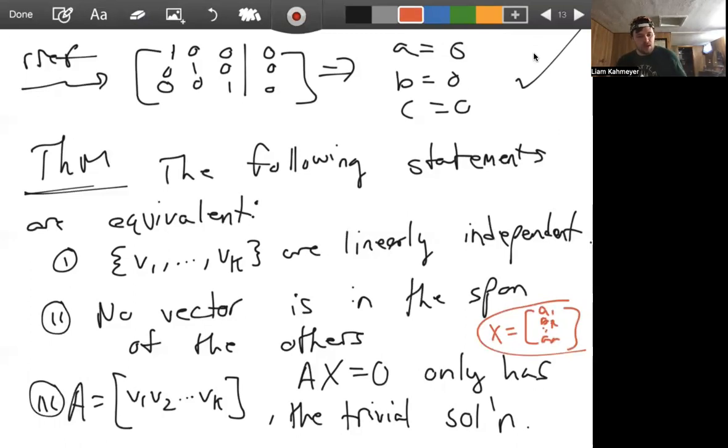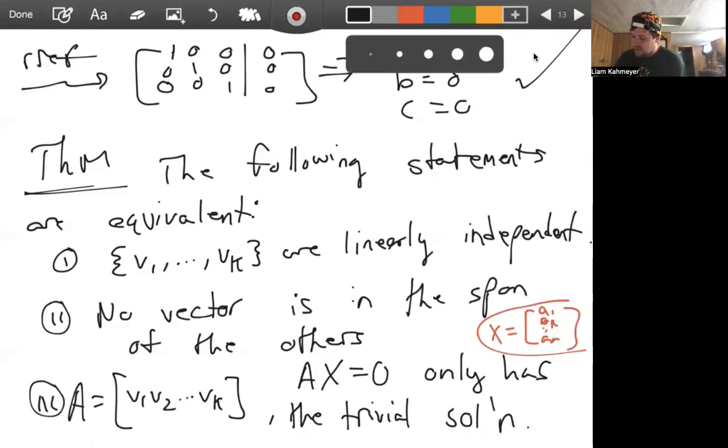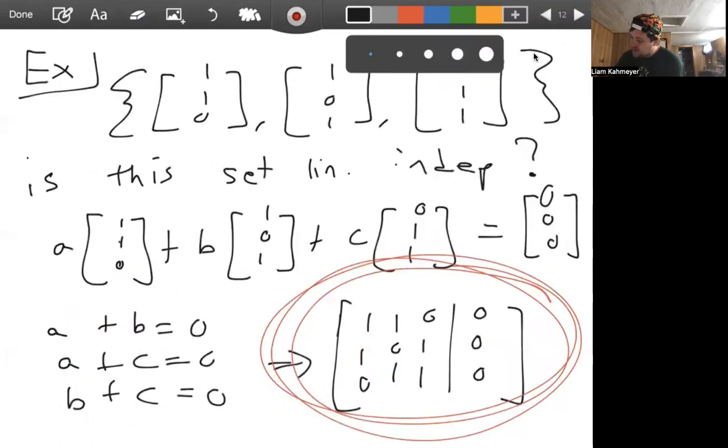Okay. So there are a few more theorems that I would like to mention here. We've done an example to see if a set of vectors is linearly independent.